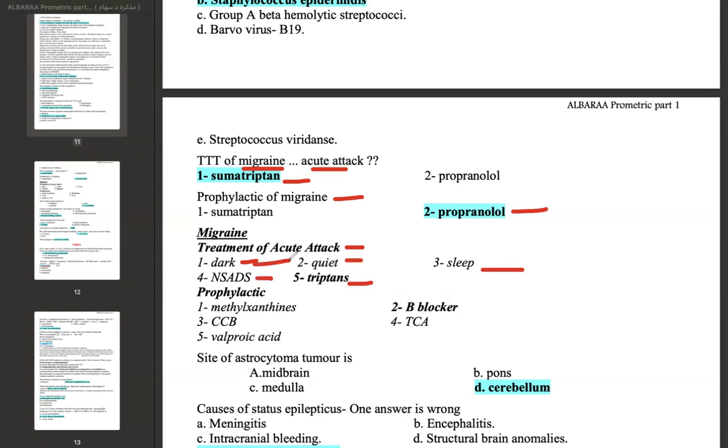Whereas the treatment for prophylaxis of migraine is beta blockers, propranolol. There are other options, methylxanthine, CCB, valproic acid, TCA, but you will choose beta blockers, that is propranolol.